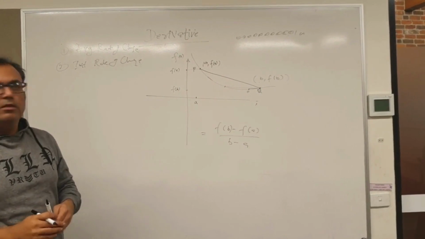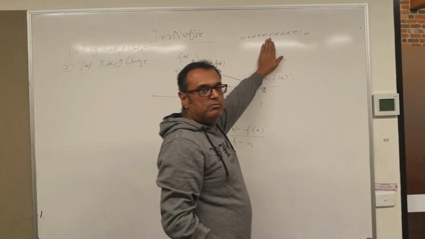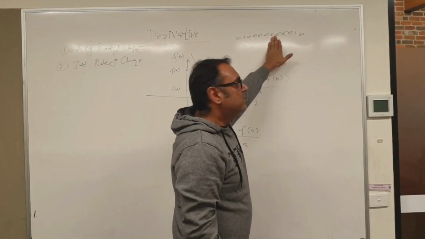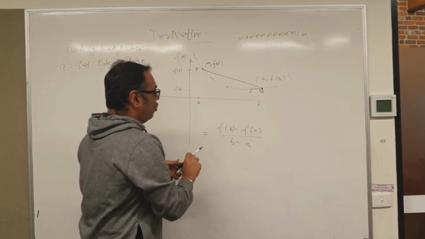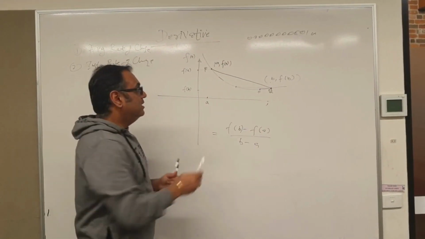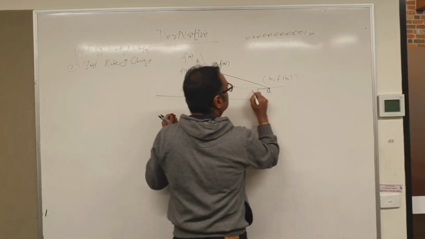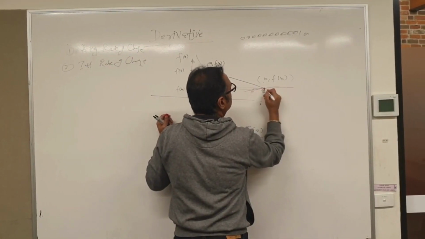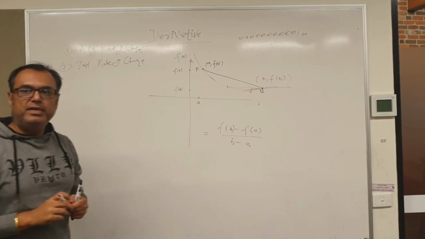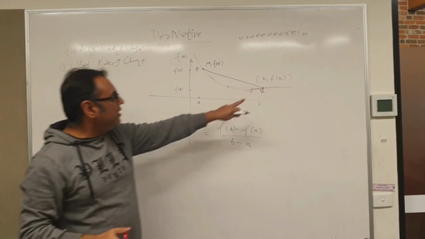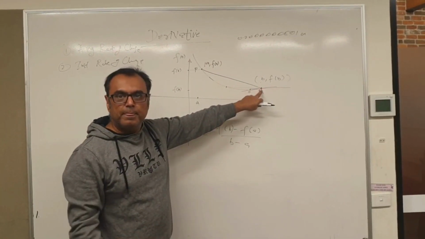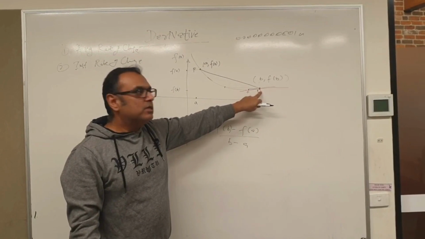So with the naked eye, you'll say it's the same point, right? So now if I draw the line between the 2 points, what will happen? Don't you think it will appear to be a tangent at a single point? Right?